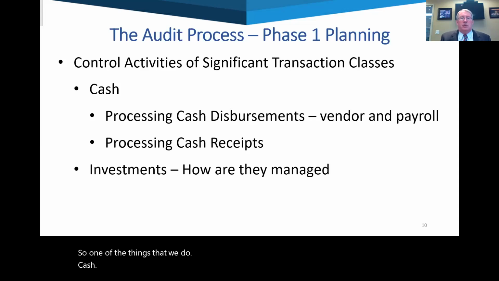Well, if we don't understand how you process disbursements, both vendor and payroll, how can we audit that? So that checklist would be designed to say, okay, where's the start of a vendor purchase?